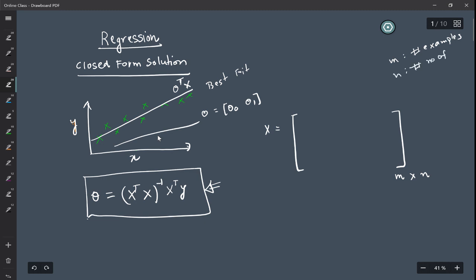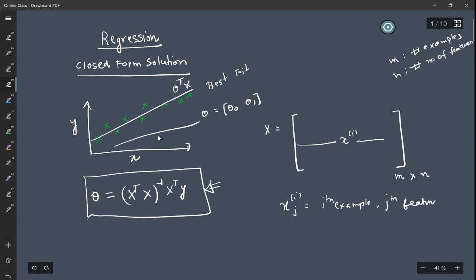The ith entry, this ith row, represents the ith example, and if you talk about x i j, this basically means the ith example and the jth feature.